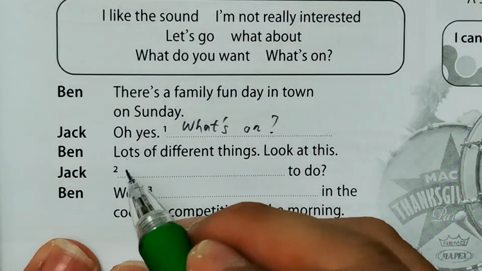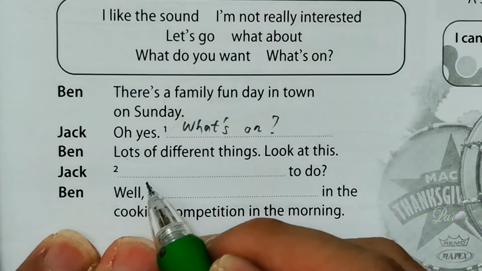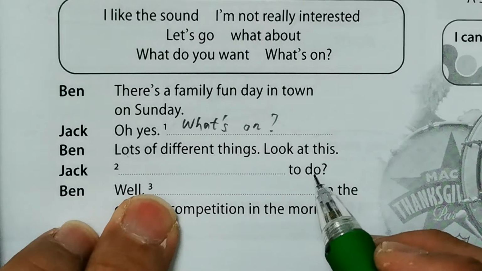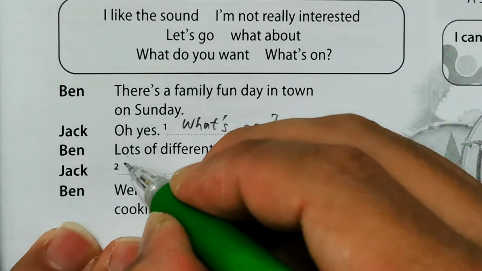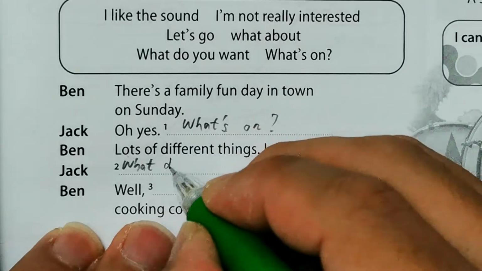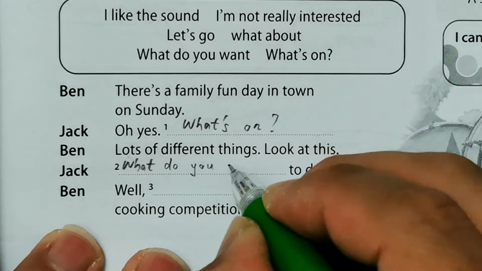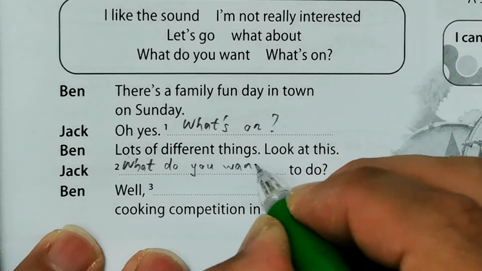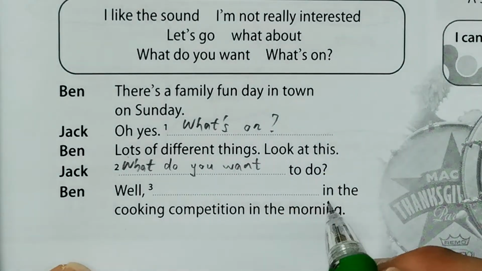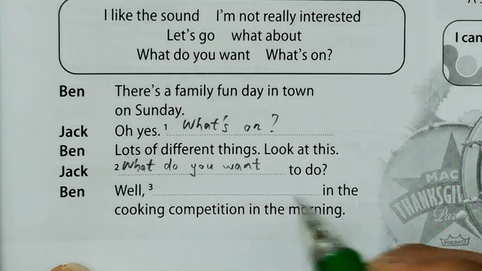And then Ben said lots of different things. Look at this. So the next one, to do. What do you want to do? Well, in the cooking competitions in the morning.